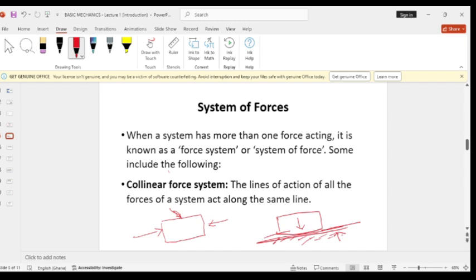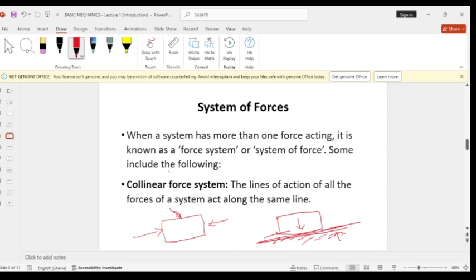Okay, so what are some of the kinds of force systems? We will look at a few, and the first one is collinear force systems. So what are collinear force systems? We say the lines of action of all the forces of a system act along the same line.